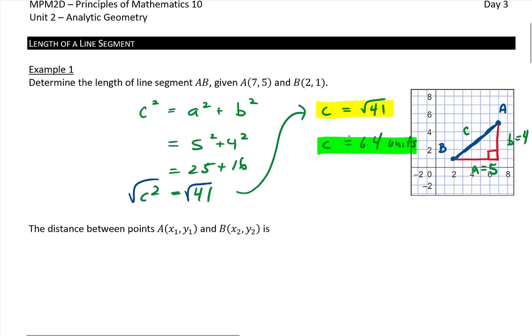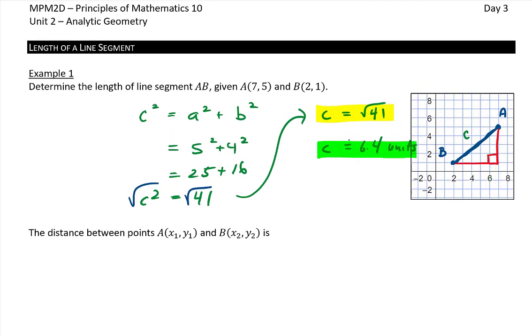So let's take a closer look at this picture. Let's start with the x values. If you look closely here, we can see that the length of this goes from 7 to 2. 7 minus 2. And you can see the 7 and 2 come from the x coordinates of the 2 points.